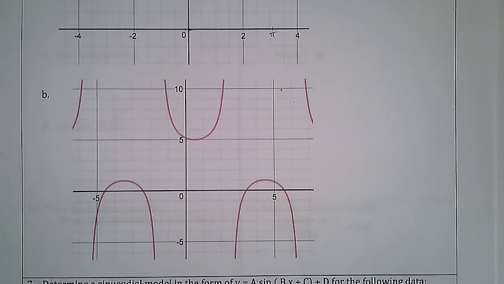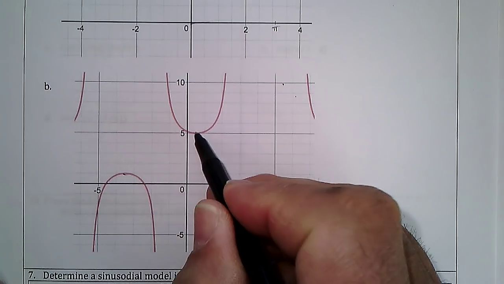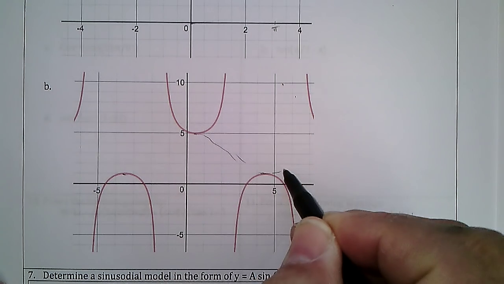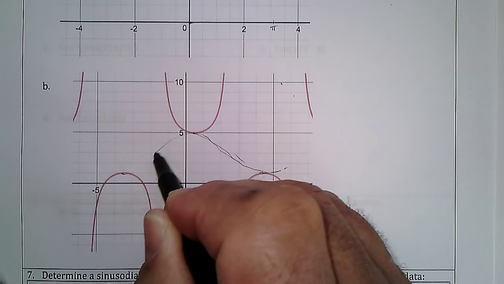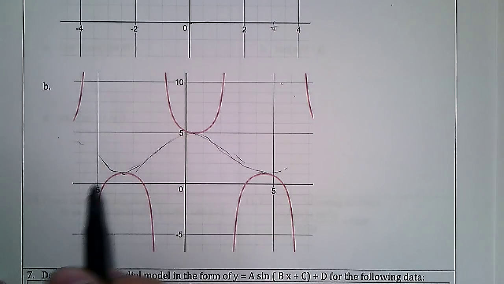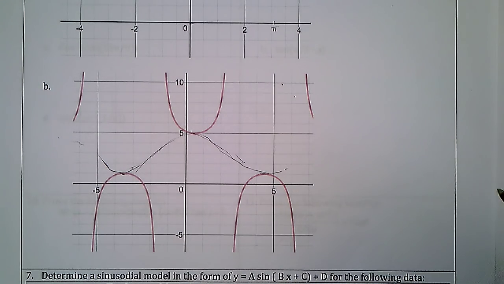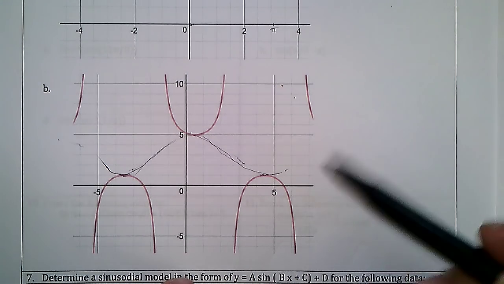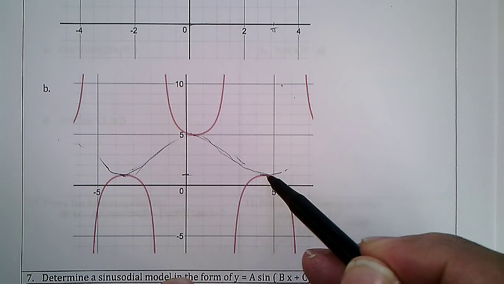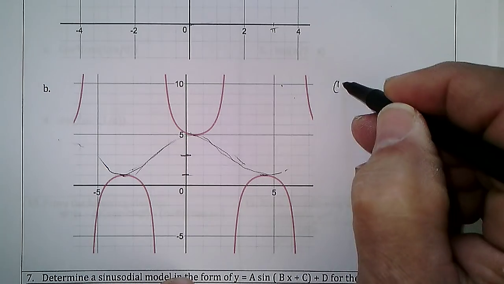B. Now remember, on these we try to make a curve that touches these. So we're going to try to write the equation for this and then write it with the reciprocal. Well, this is 0, this is 5, so this is 1, looks like the low, and 5 is the high, so 3 must be the center line.